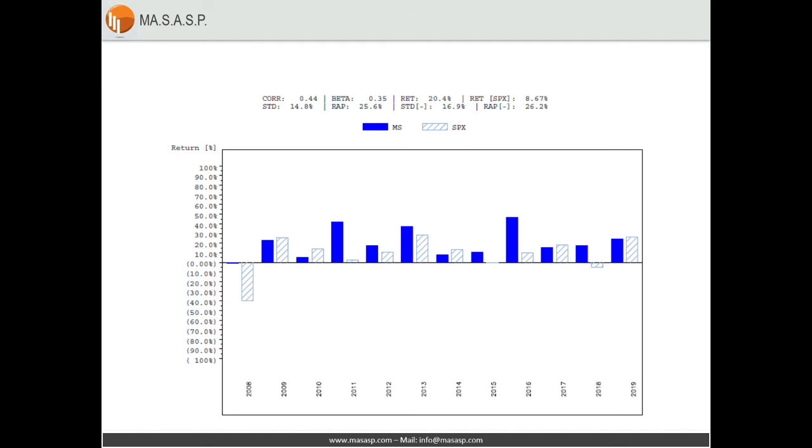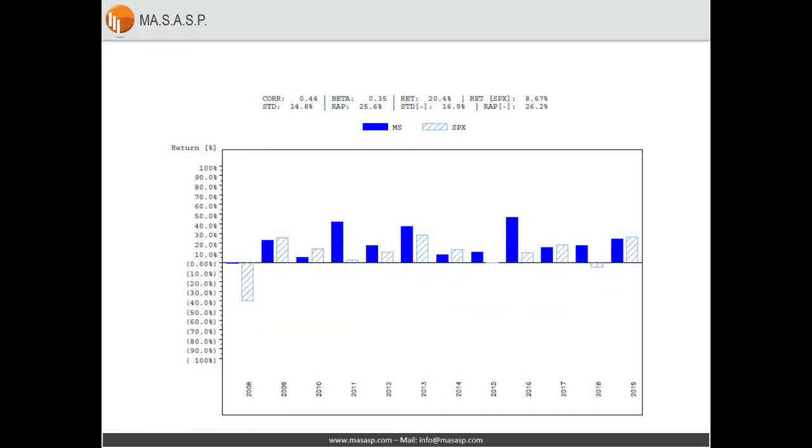A specific beta scorecard is delivered, which refers to this portfolio obtained by blending the MASASP combination and the Standard & Poor's ETF. We can see here that this portfolio systematically overperforms the benchmark.